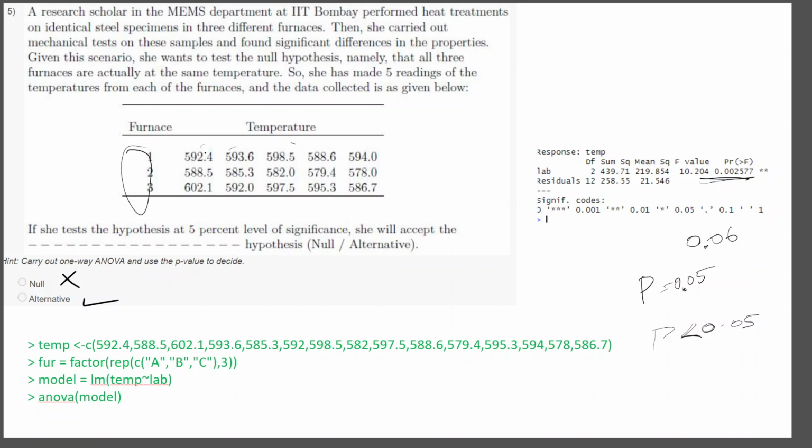If the p-value is greater than the significance level, then we fail to reject the null hypothesis. So here the alternative hypothesis is the answer for the question.